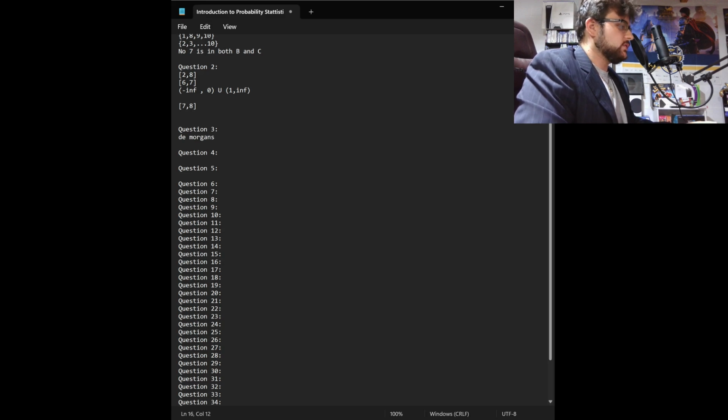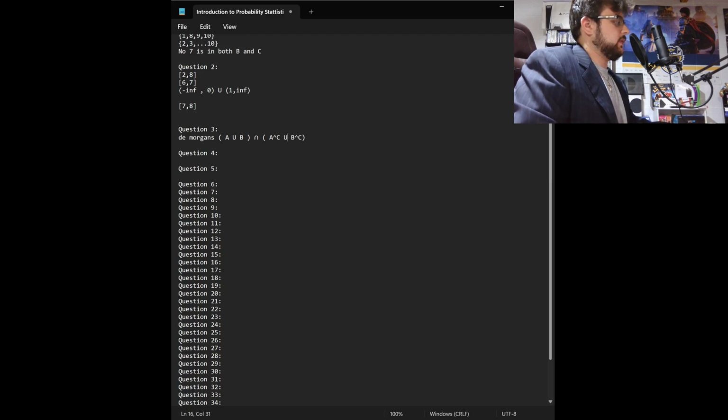So using De Morgan's law, we can say that A union B is A complement intersect... A^c ∪ B^c. So that's the first one. This one's easy.